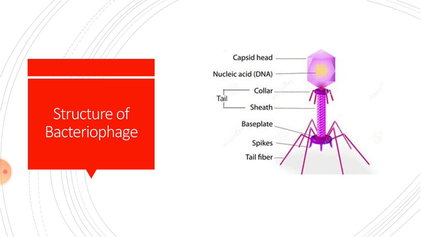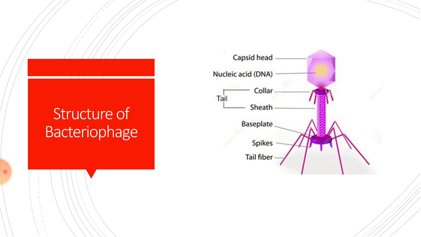So bacteriophage is a virus which infects bacteria. They are the smallest known viruses, discovered by Twort and d'Herelle separately. They are tadpole-shaped structures with binal symmetry. The head has cuboidal symmetry and the tail has helical symmetry.